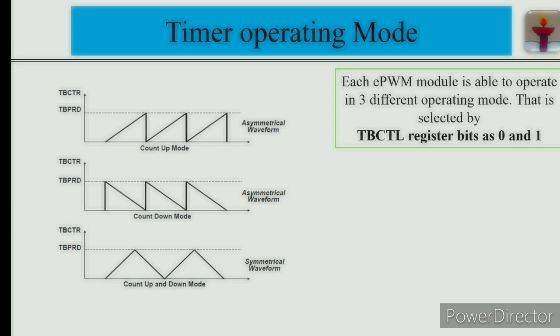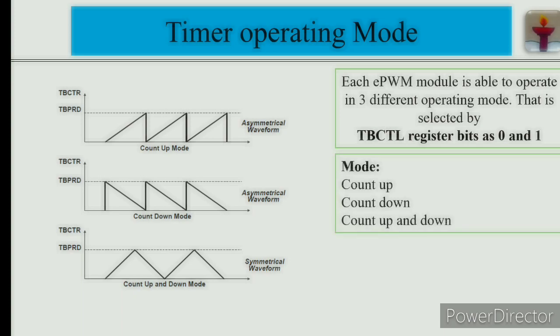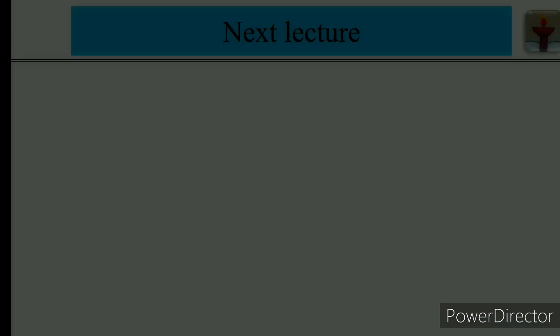Operating modes can be selected by the TBCTL register bits. By selecting the TBCTL bits as 0 and 1 in different combinations, we can select the different modes of operation.